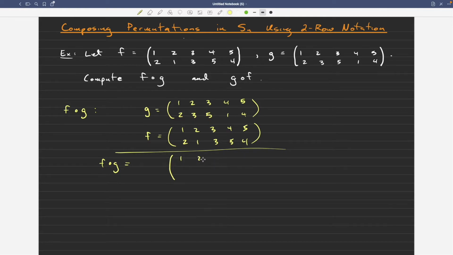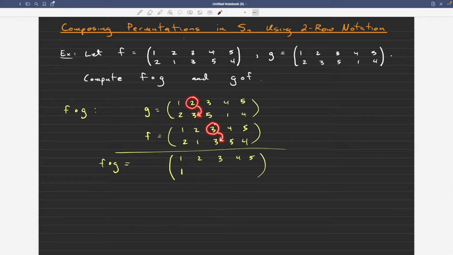First of all, I'll write 1, 2, 3, 4, 5. Then I just track what 1 does. First you put 1 into g, and you get an output of 2. Then 2 goes to 1 in f. So in the composition, 1 maps to 1. Similarly, start with 2 in g. That goes to 3, and then 3 in f goes to 3.